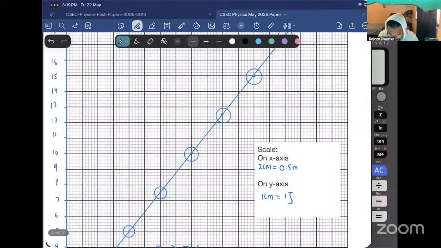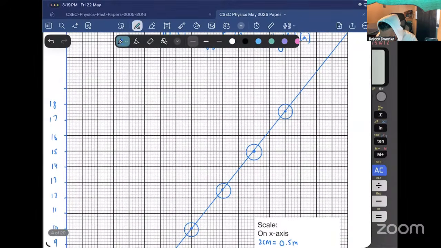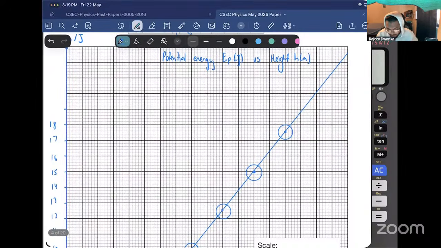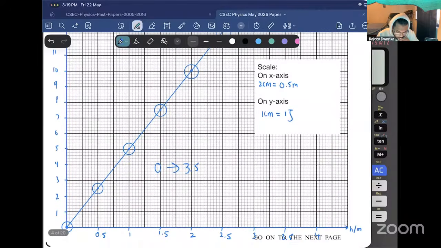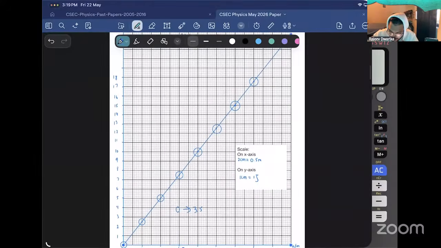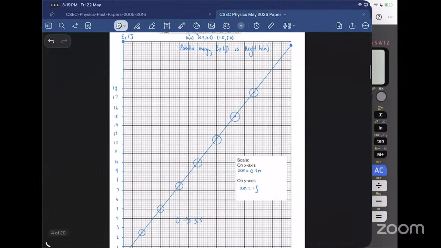How many nice points can I read off? I don't see any particularly nice points. What did you guys do? Did you all read off points, or did you just use the points given? I used the biggest point and drew the triangle with the smallest point. Okay.